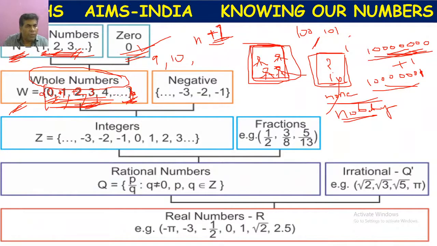So what they have done is, for 0 and positive numbers, they have added negative numbers also, like -1, -2, -3.